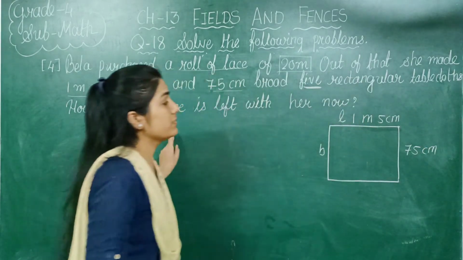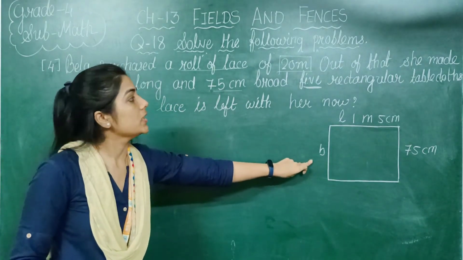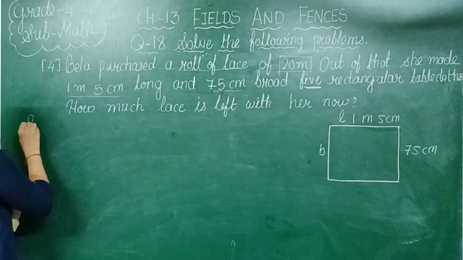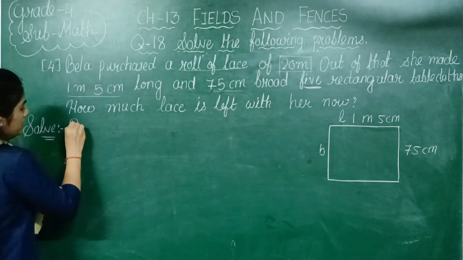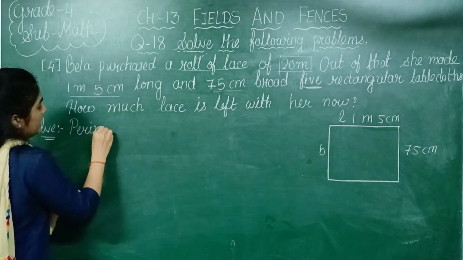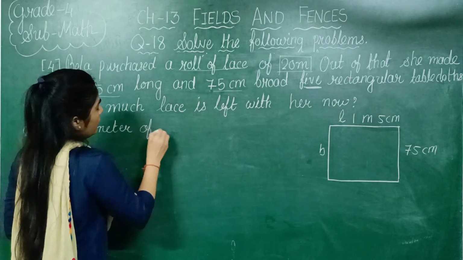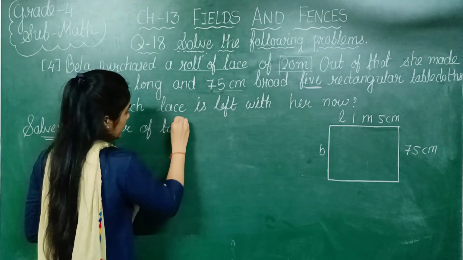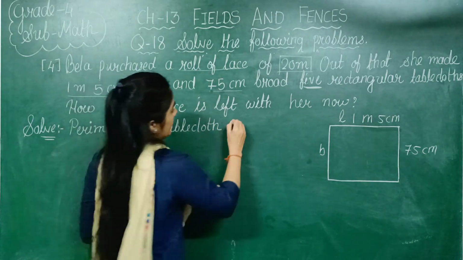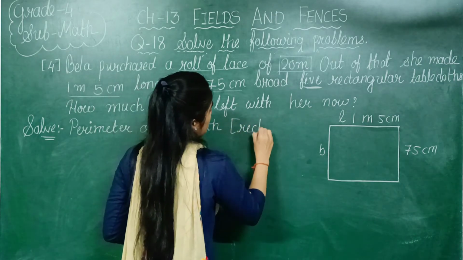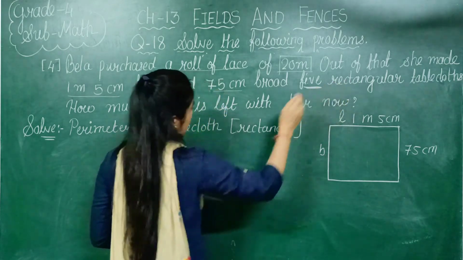So first of all we have to find the perimeter of this rectangle shaped tablecloth. So first of all I am writing here the perimeter of the tablecloth, or you can write rectangle, because the shape is already given as rectangular.